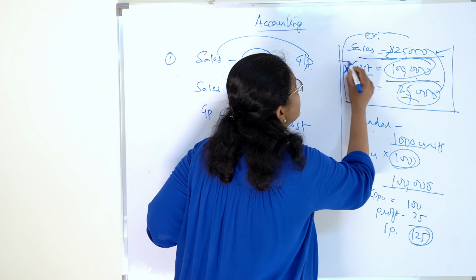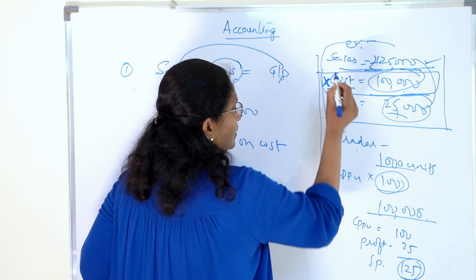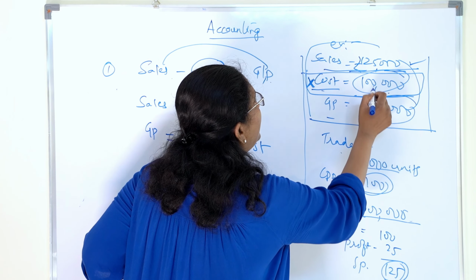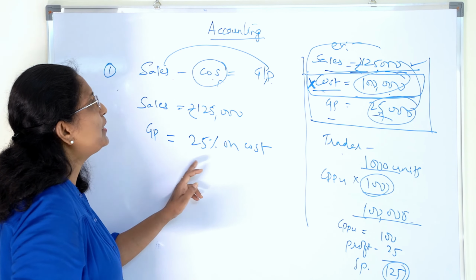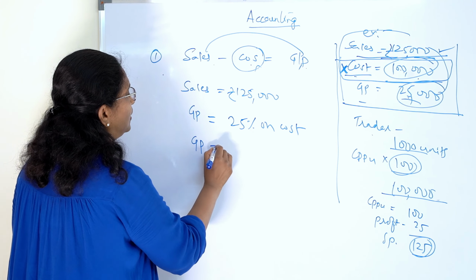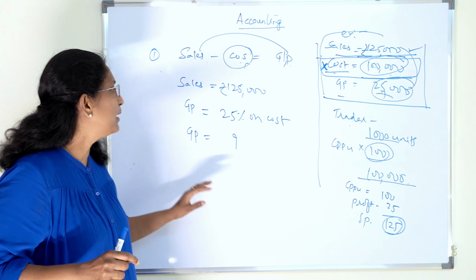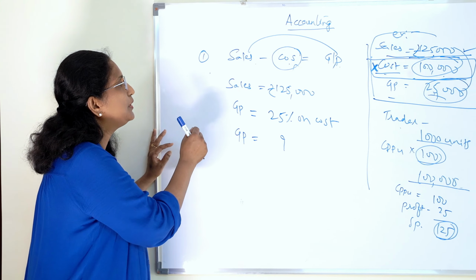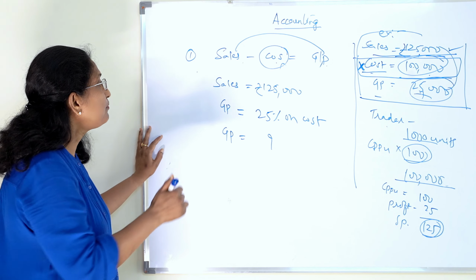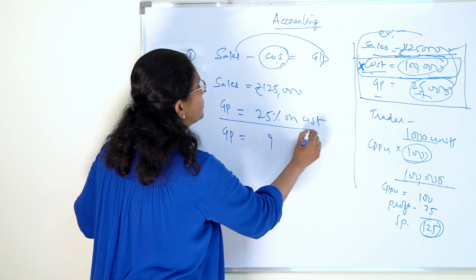I don't know what my cost is, but I know 25 upon 100, that is 25% on cost, that information. Now they are telling you to calculate gross profit. But how will you use this equation to calculate gross profit? First you have to find out the cost of sales.